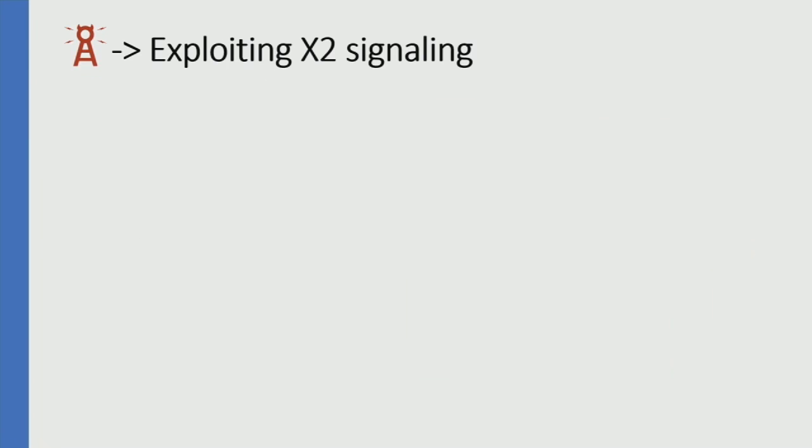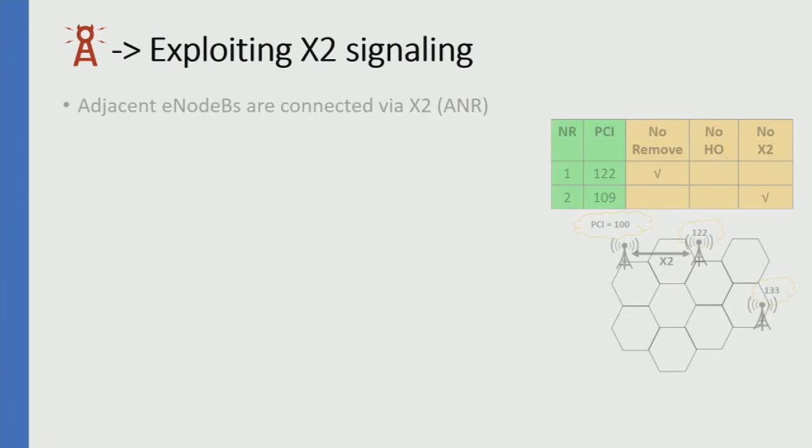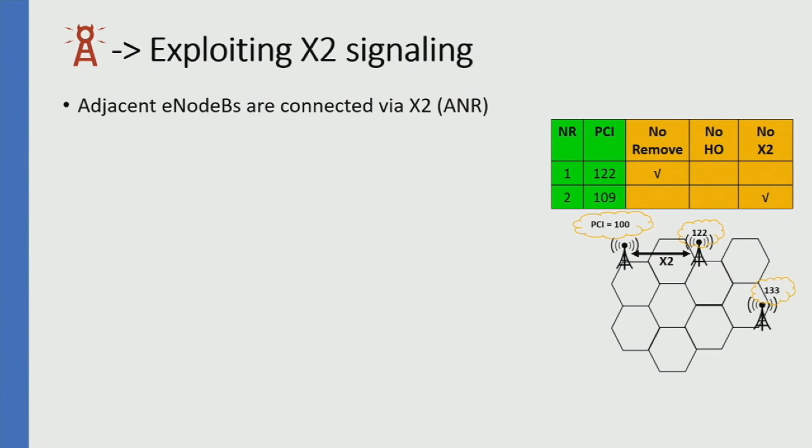So, how do we exploit the cell configurations or the neighbor relations? Let's say there is an area with different base stations, and each one has a different cell ID. Each base station has a neighbor relation table like I showed, and this base station has its neighbors 122 and then the other one. So this one is listed as its neighbor.